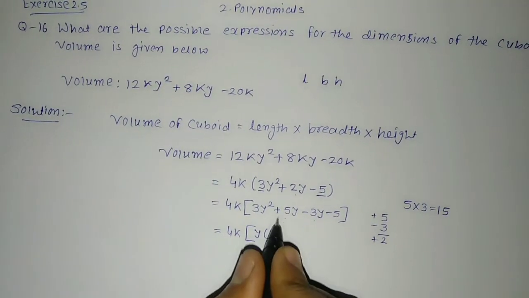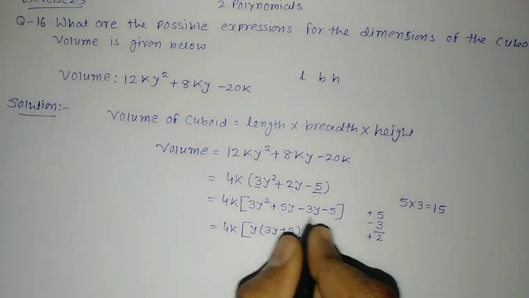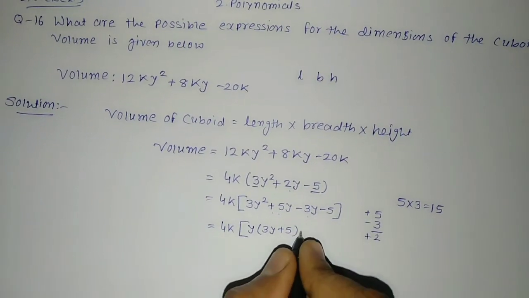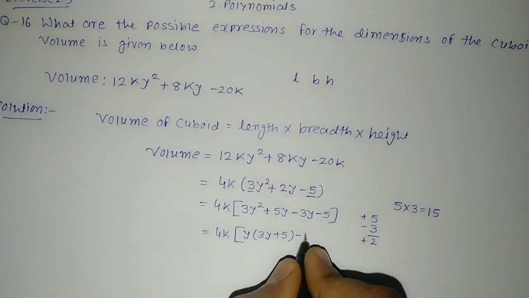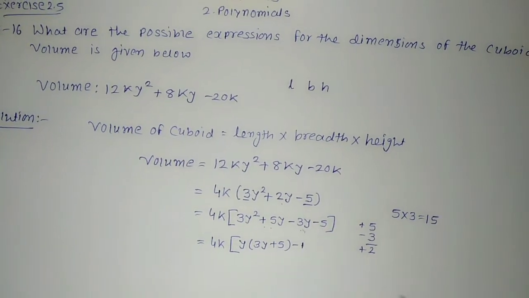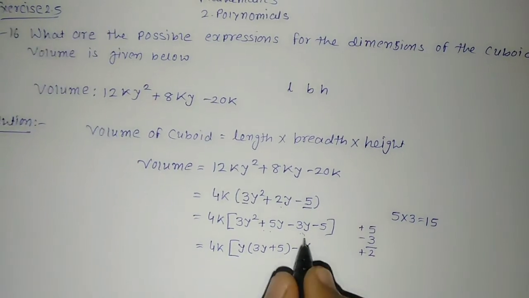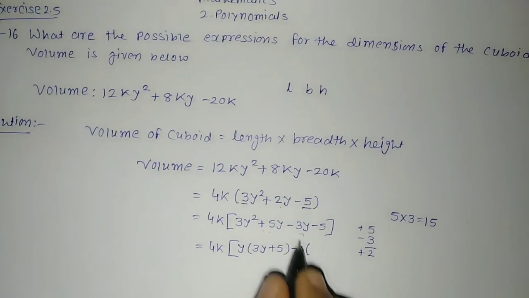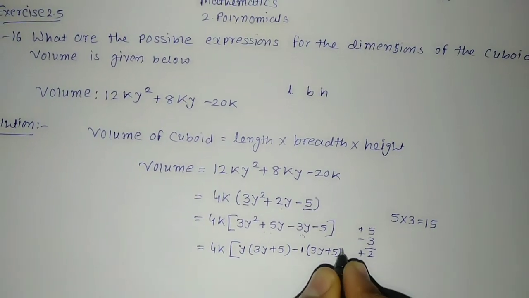Plus y has gone out, so 5 remains. In the last two terms both have the minus sign, so I take minus common, leaving 1 and 1. Since minus was taken common, the signs change to plus, so we get 3y + 5.